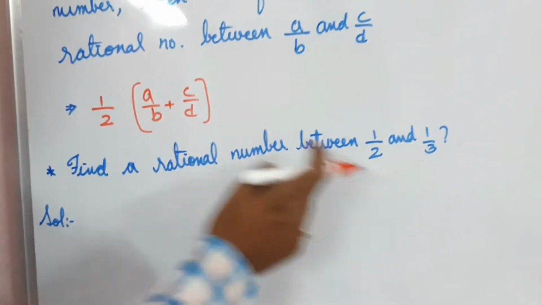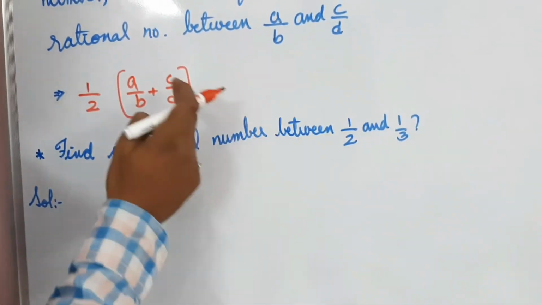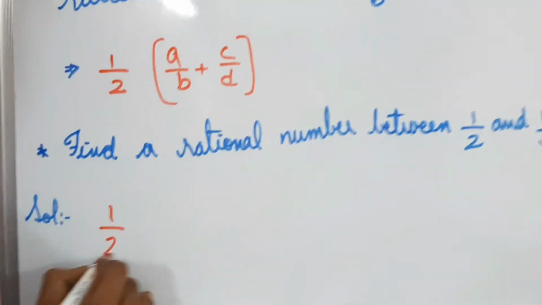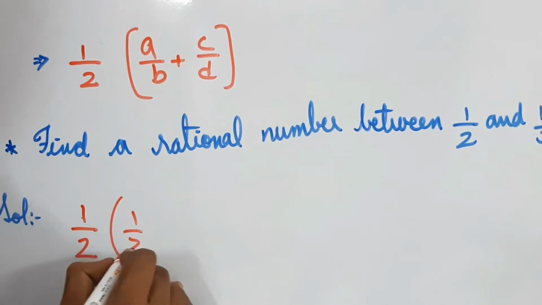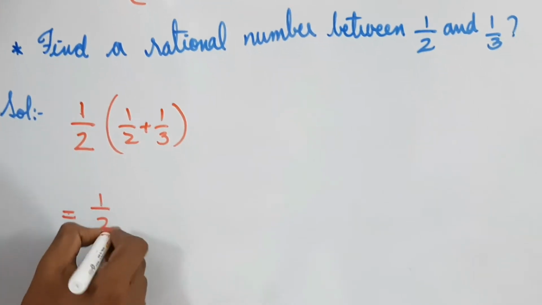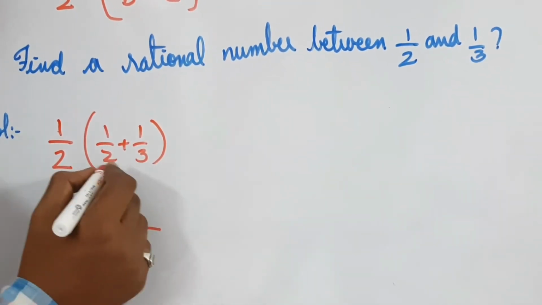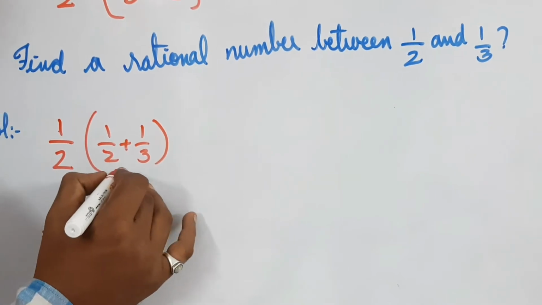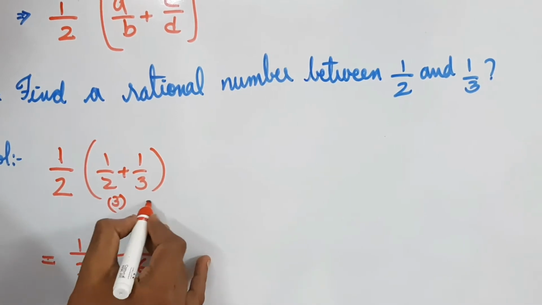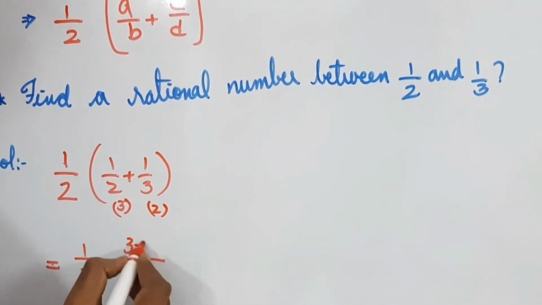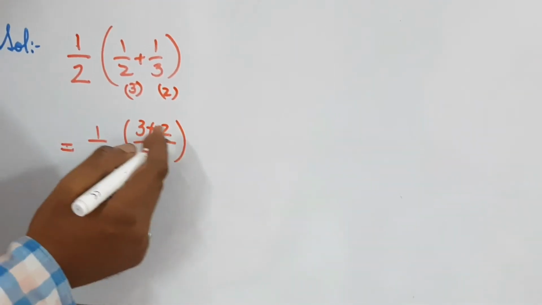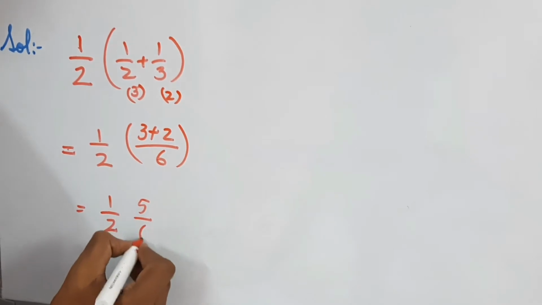So here 1 by 2 will be A by B and 1 by 3 will be C by D. So half of 1 by 2 plus 1 by 3. The LCM of 2 and 3 will be 6. This will go 3 times and this will go 2 times. 3 ones are 3 plus 2 ones are 2. Half of 3 plus 2 is 5 by 6.